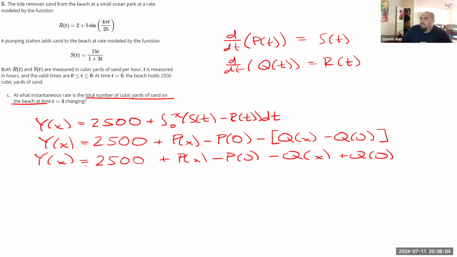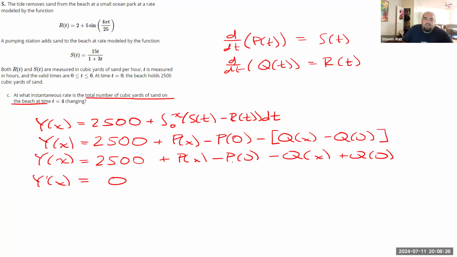Basically, I'm showing why the fundamental theorem of calculus works the way it does. Really, I wanted an instantaneous rate of change of y, so let's take a derivative now. What is y prime of x? A lot of these things are going to go to 0 because 2,500 is a constant, so it becomes 0.